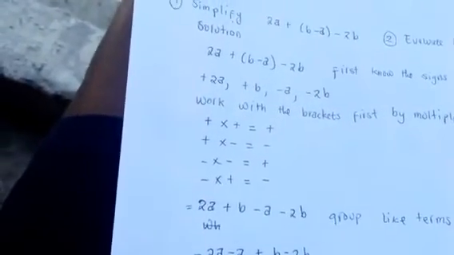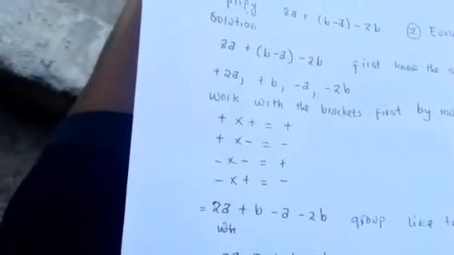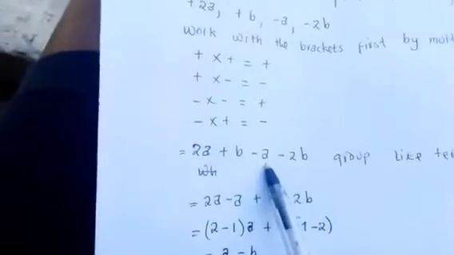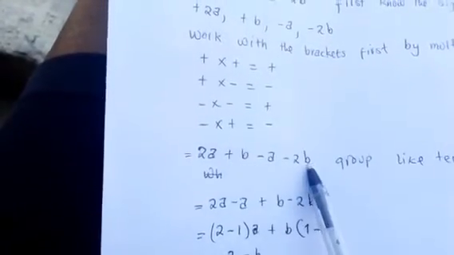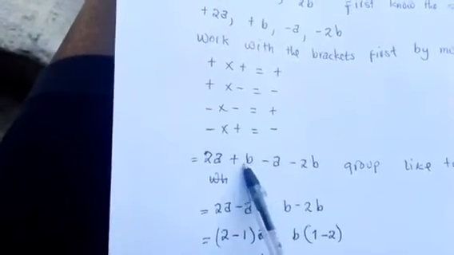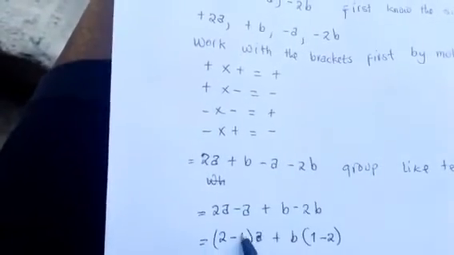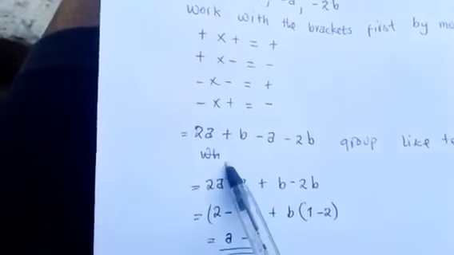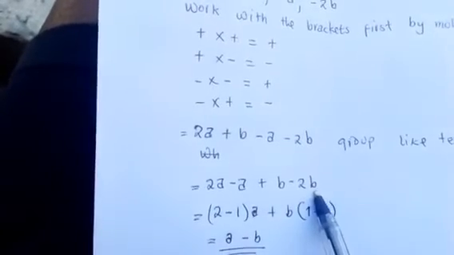Okay, for lack of better terms, yeah, numbers which look alike. For example, you can see we have the 2a, and then we get an a again here, a b, and then we have a b. So these, they work in the same office. These, they work in the same office. So we group them. 2a, we get minus a plus the b minus 2b.